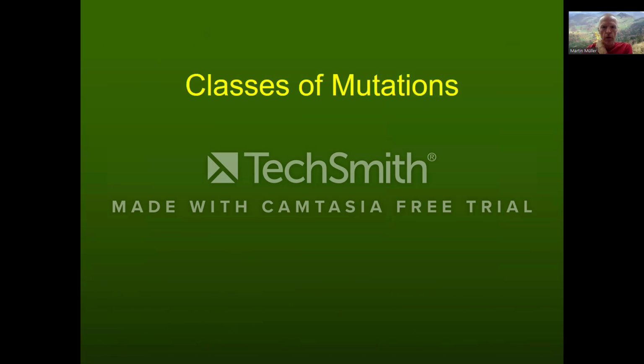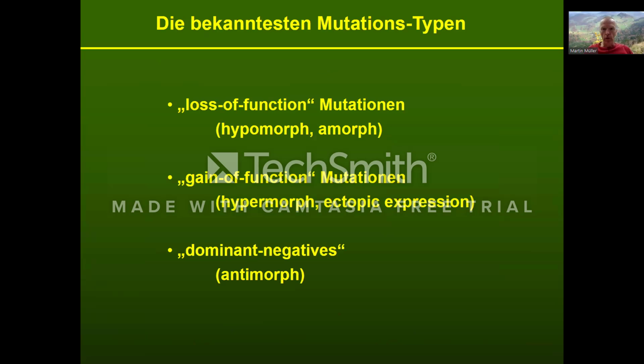Okay, so briefly let's go through the classes of mutations. Herman J. Muller realized soon that not every mutation is a loss of function mutation. So normally you think when you introduce a mutation you destroy the gene, but that doesn't have to be the case all the time.